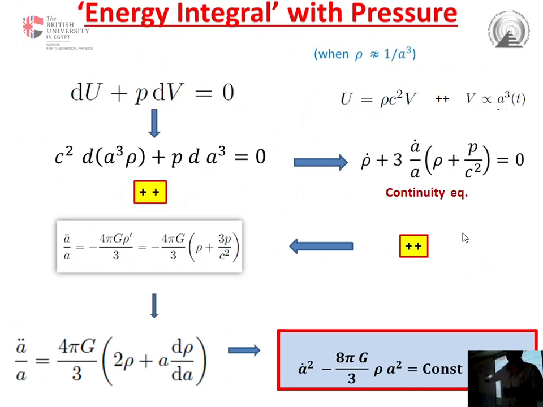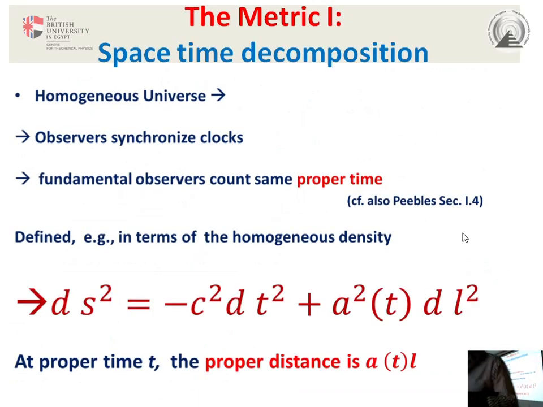If you're not completely convinced of why I put the 3p there, you can try as an exercise getting our Newtonian energy equation, energy integral, and put it into this continuity equation. Because the three of them are dependent on each other. They're not independent. Then we want to see what this constant of motion, this integral of motion, means.